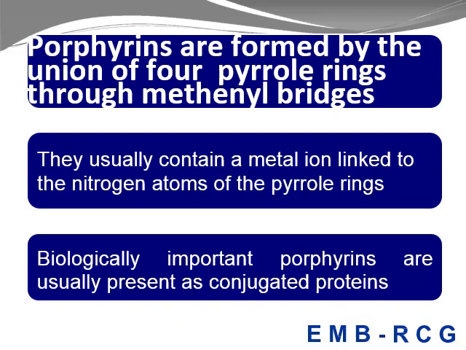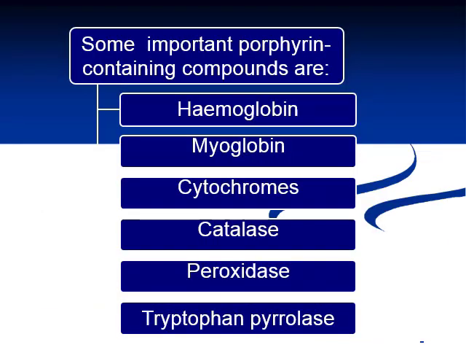The biologically important porphyrins exist as conjugated proteins, and these basically include hemoglobin, myoglobin, cytochromes, catalase, peroxidase, and tryptophan pyrrolase. So basically, porphyrin will be formed by 4 pyrrole rings which are joined together with the help of methenyl bridges.